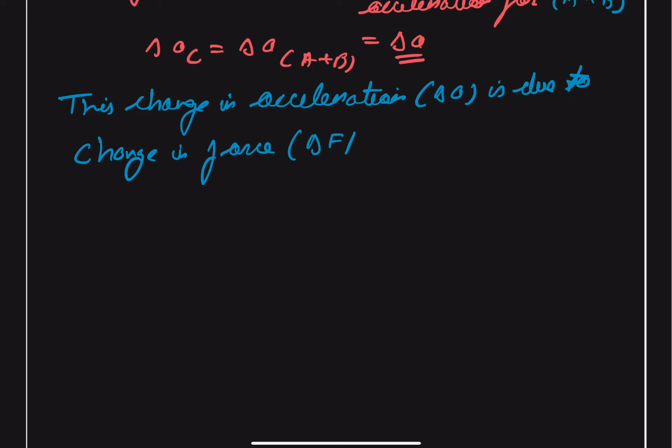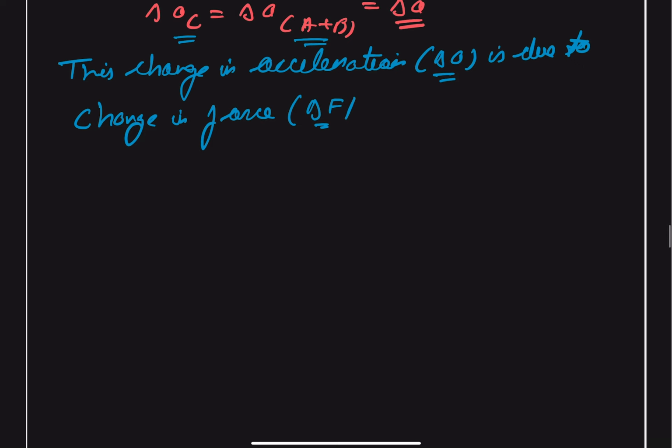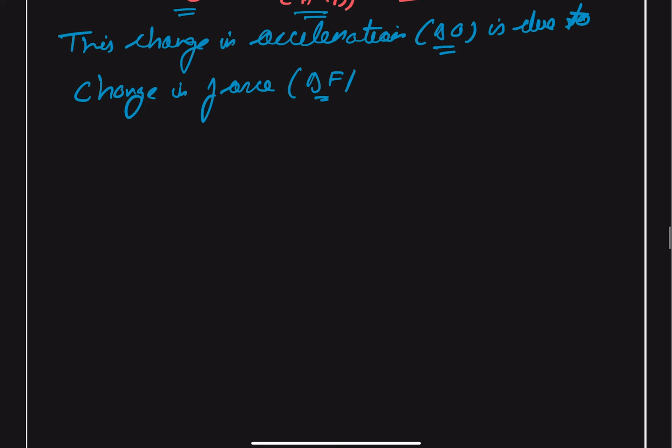And this change in acceleration for both C and A plus B will be same, which we just proved out. So therefore we can write the formula that change in force for A plus B will be equal to its change in acceleration for A plus B divided by mass of A and mass of B. Mass of B is given as M and mass of A is our MA.